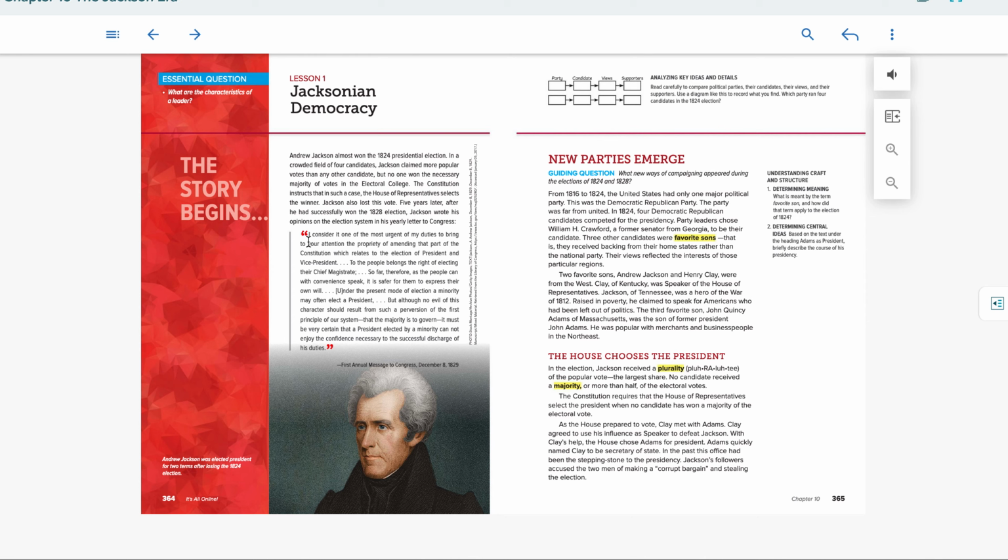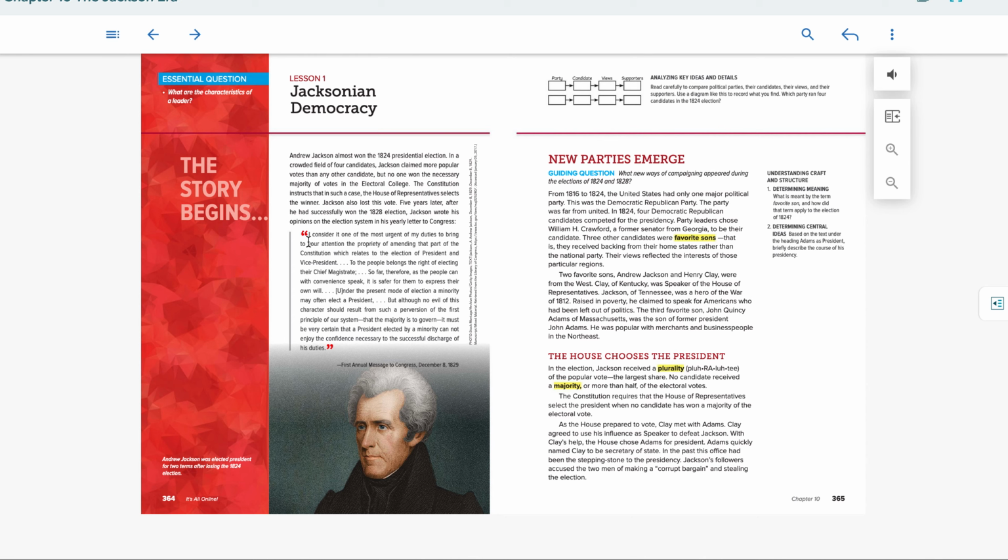I consider it one of the most urgent of my duties to bring to your attention the propriety of amending that part of the Constitution which relates to the election of President and Vice President. To the people belongs the right of electing their chief magistrate. So far, therefore, as the people can with convenience speak, it is safer for them to express their own will.